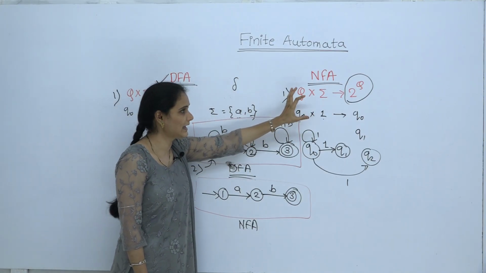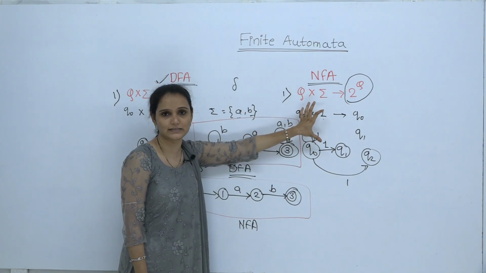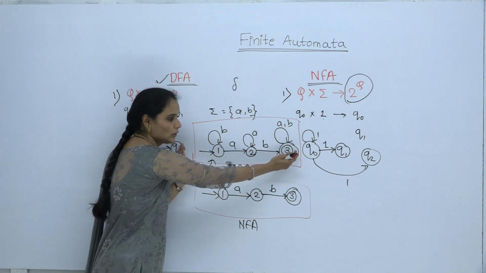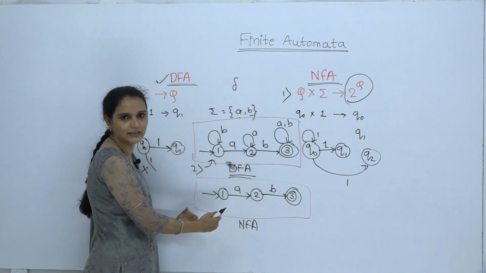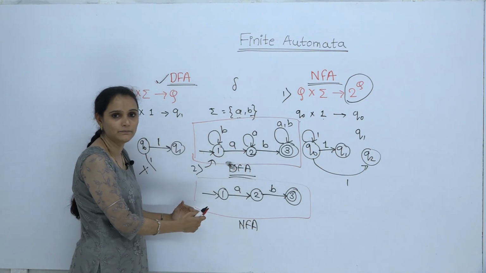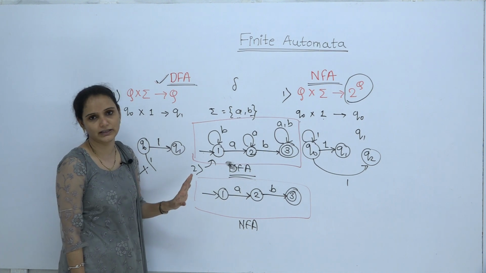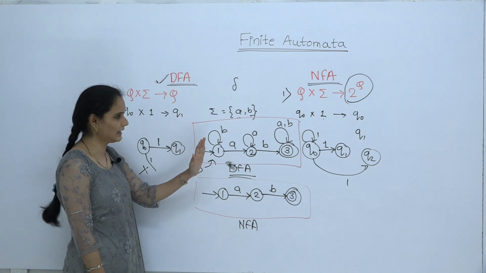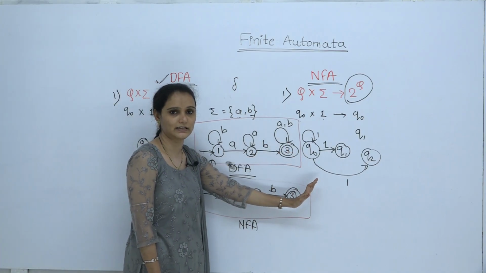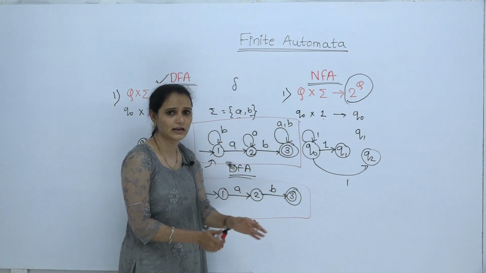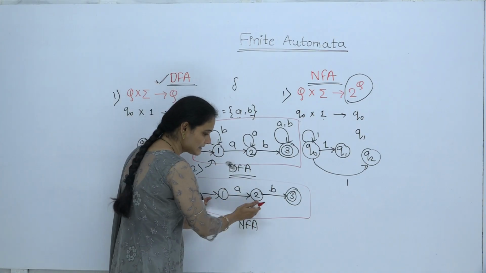So students, NFA is simpler to design because these rules are not applicable. We can easily construct the non-deterministic finite automata whenever any kind of regular language is given. That is also one difference, that NFA is easy to construct, and also has fewer states.